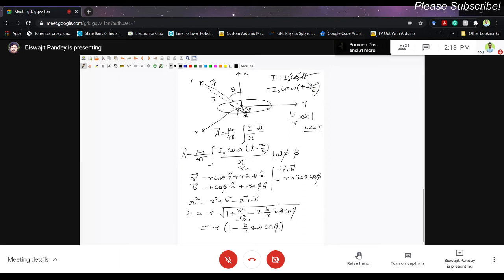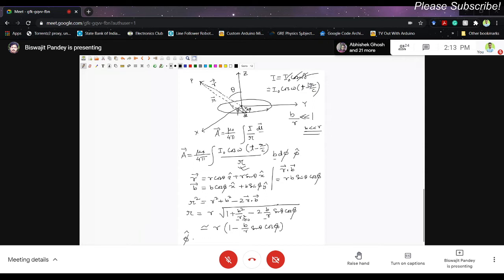This is the curly r, simplified with the approximation we have considered, b much less than r. Another important ingredient is phi cap, because we are writing everything in terms of x cap, y cap, and z cap, the unit vectors in the Cartesian coordinate system. What is phi cap in terms of these?